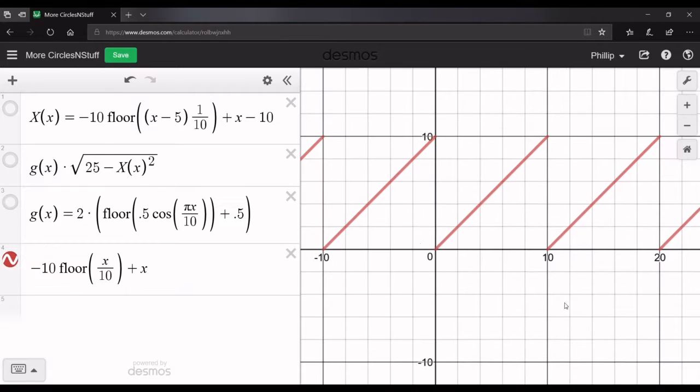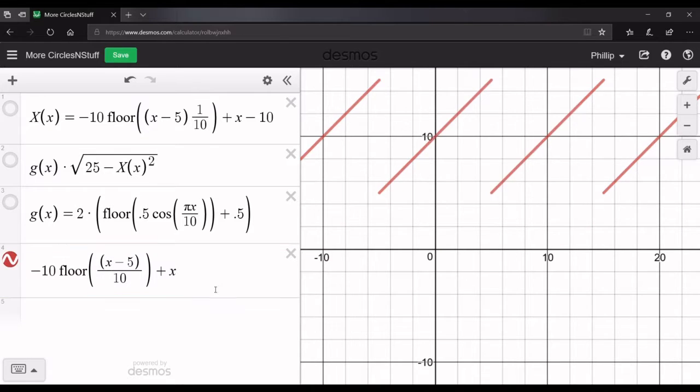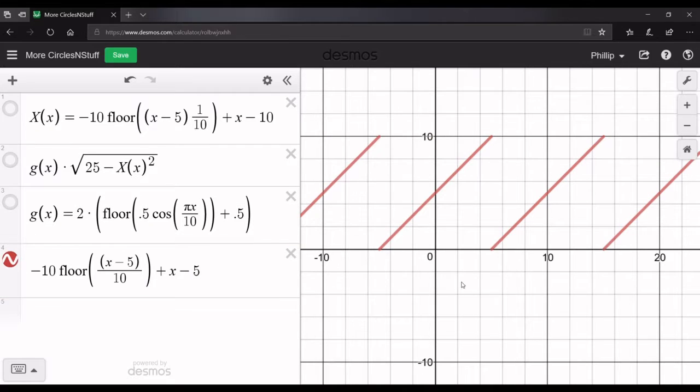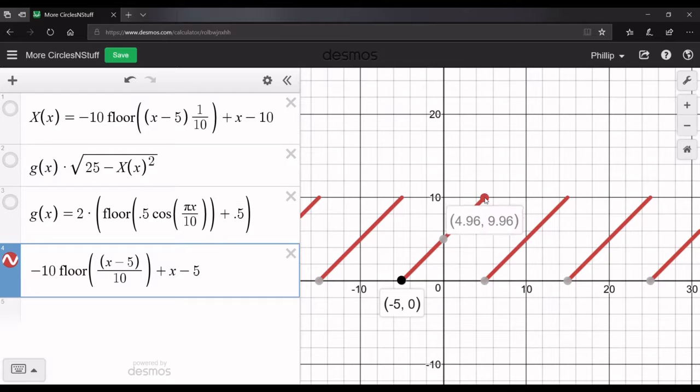But the problem with this is that it ends at 0 and 10, and I want it to end at -5 and +5. So I actually need to shift the graph over a little bit. I'm going to do that by subtracting 5 from there and from there. And that is going to give us this nice function here that has its ends at -5 and +5.